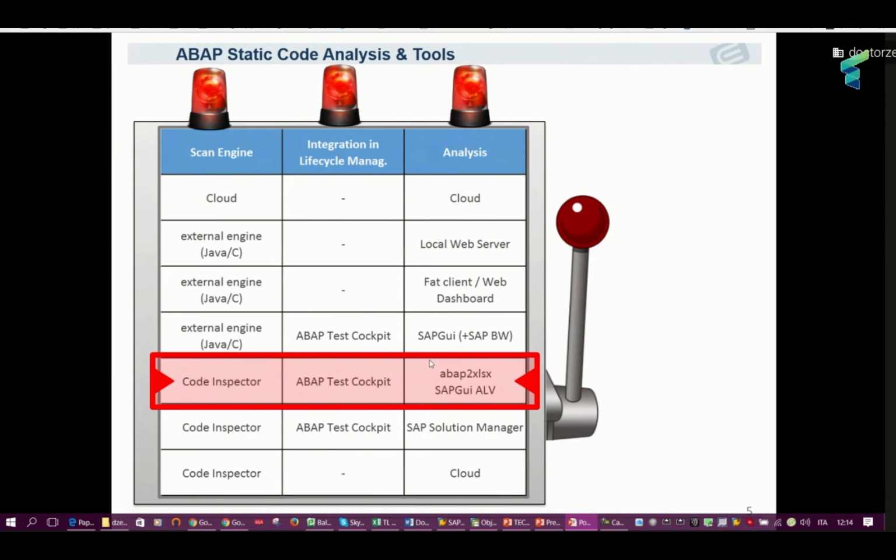For the UI, one is the ABAP to XLSX reporting. ABAP to XLSX, I want to remind you, is a project made by our colleague Ivan Femia, who is in Chicago now, handled from GitHub. And the other way is an ALV in the SAP GUI.